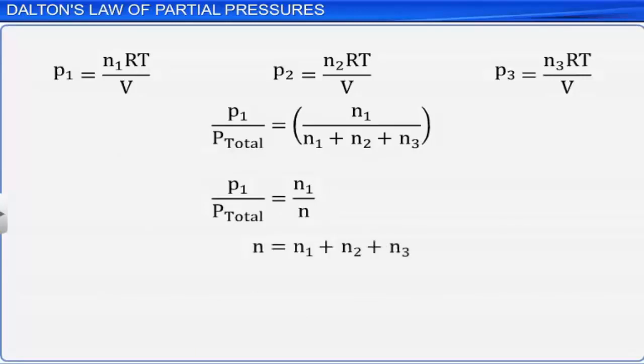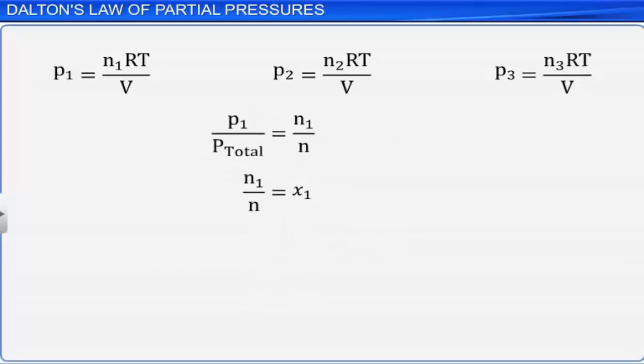We know that N1 by N is equal to X1, where X1 is the mole fraction of gas 1. For a mixture of gases, the mole fraction can be defined as the ratio of the number of moles of an individual gas to the total number of moles of all the gases present in a mixture. On substituting the values, we get P1 divided by P total is equal to X1. This equation can be written as P1 is equal to X1 multiplied by P total.